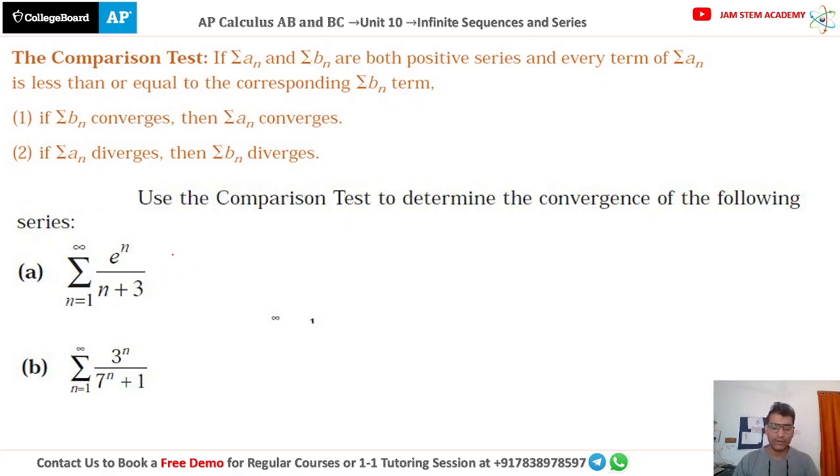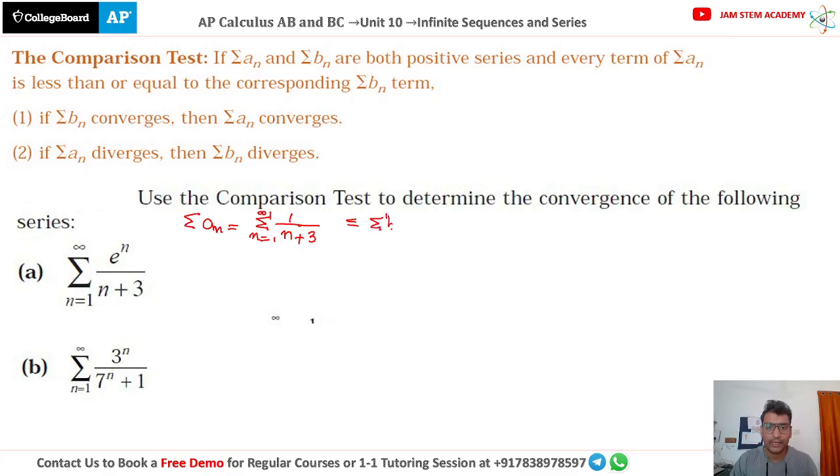I'll take a new series, let's call it an, equal to summation n equals 1 to infinity of 1 by n plus 3 simply. e to the power n gives you a larger value, so obviously this an is going to be less than or equal to that bn, that bn part.